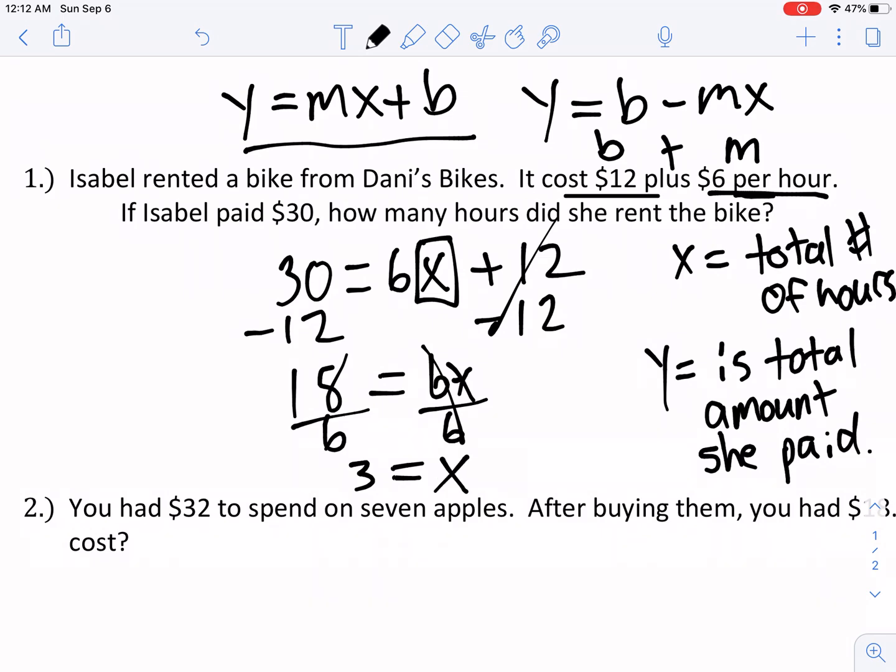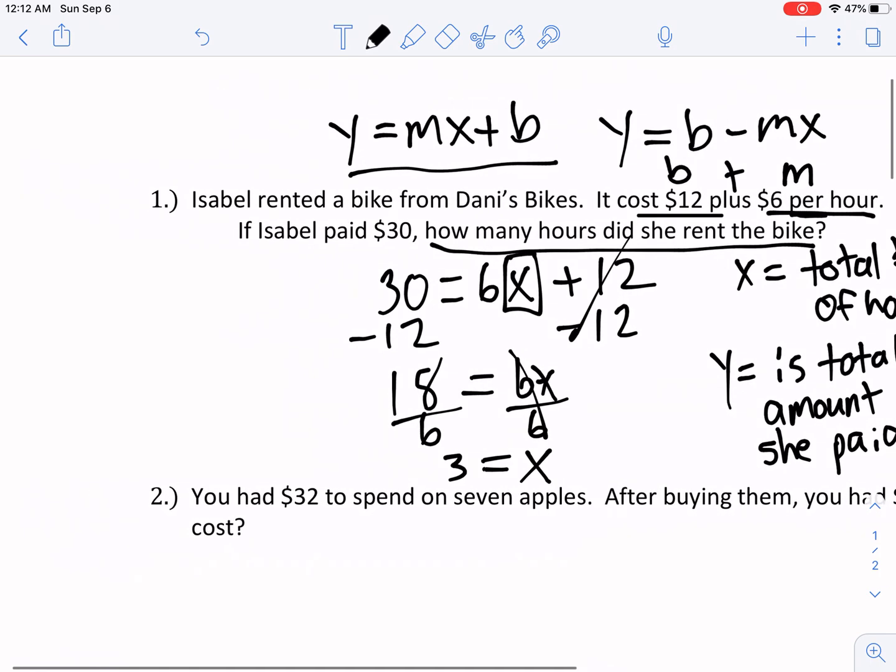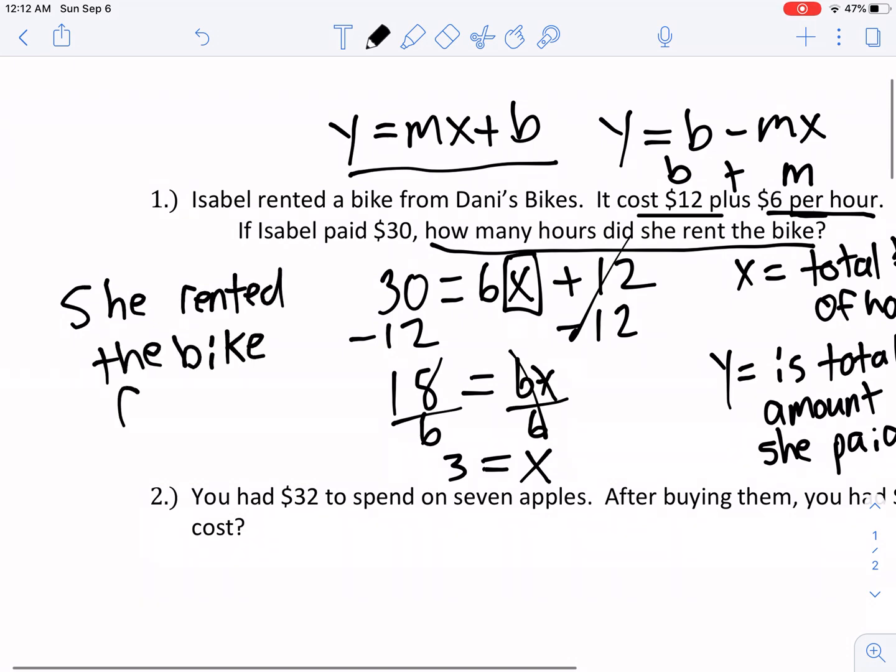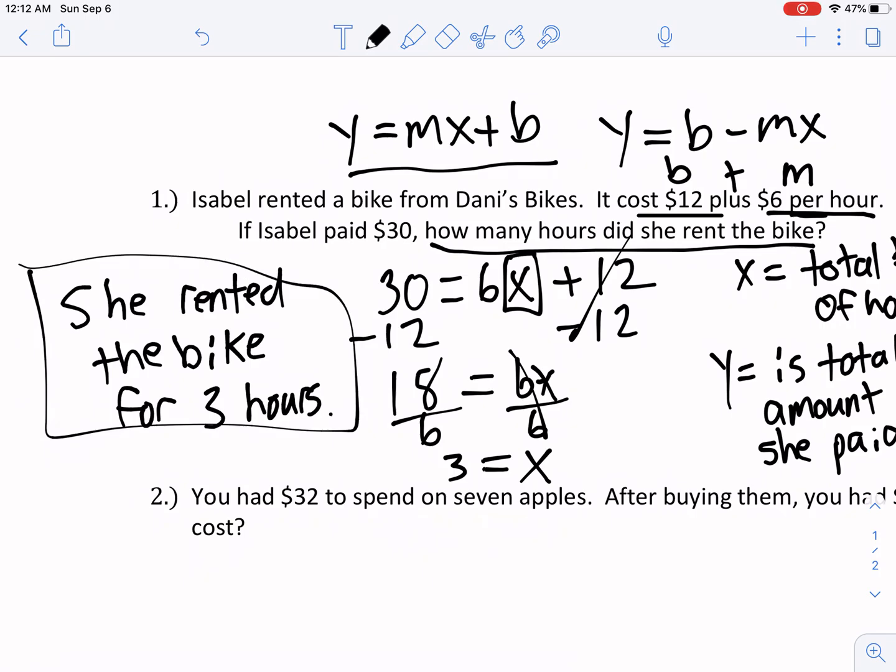Remember, x is the total number of hours. So how many hours did she rent the bike? She rented the bike for 3 hours. That's my answer to number 1.